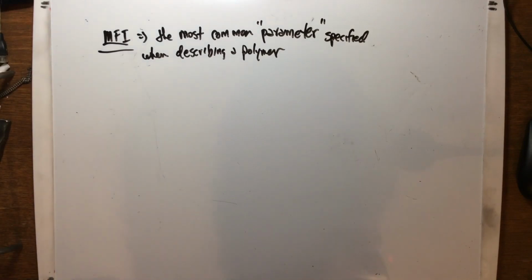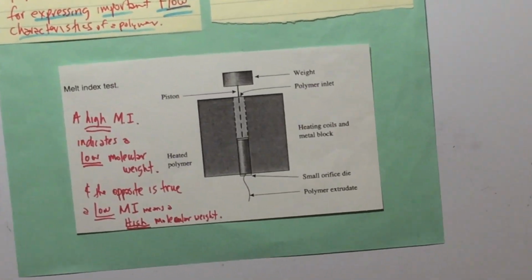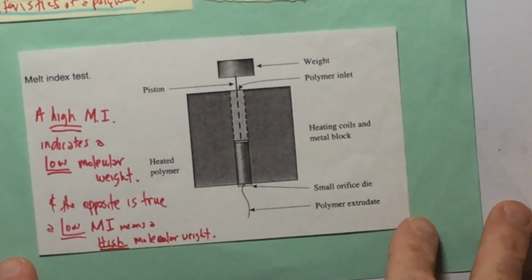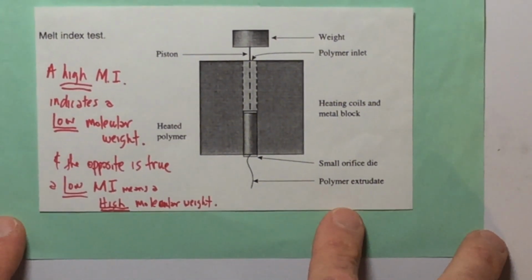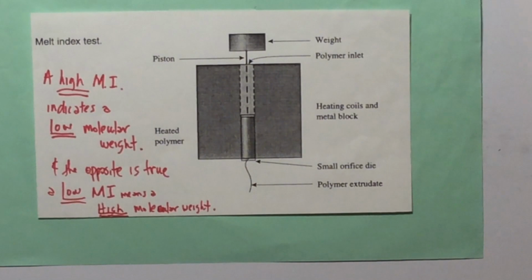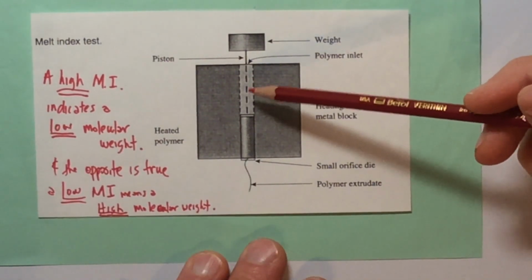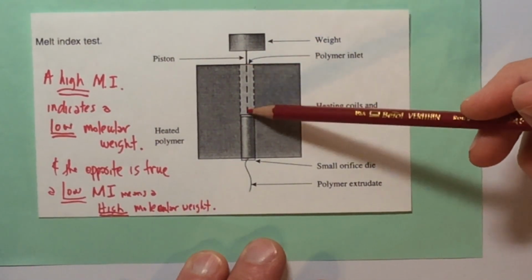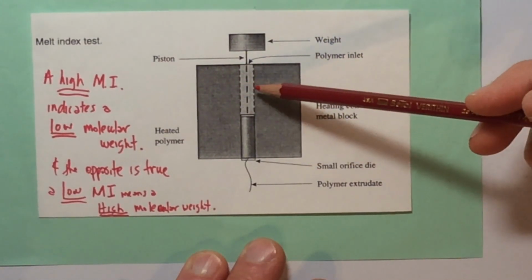Now, this is what it looks like, and I made a little note there in red for you to look at. Essentially, all of that polymer, the little plastic pellets, are in this heating block, and they heat it up.